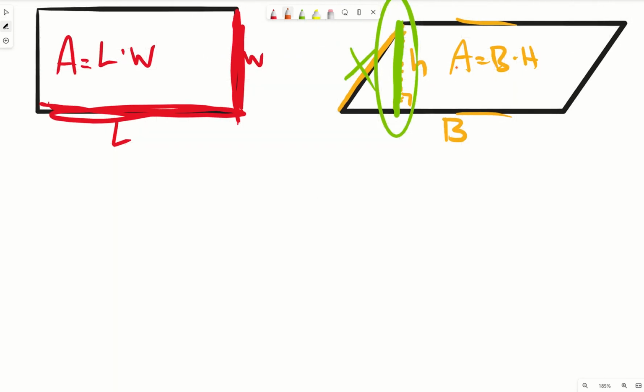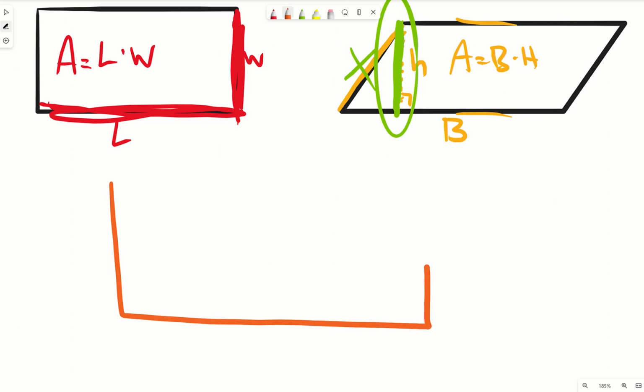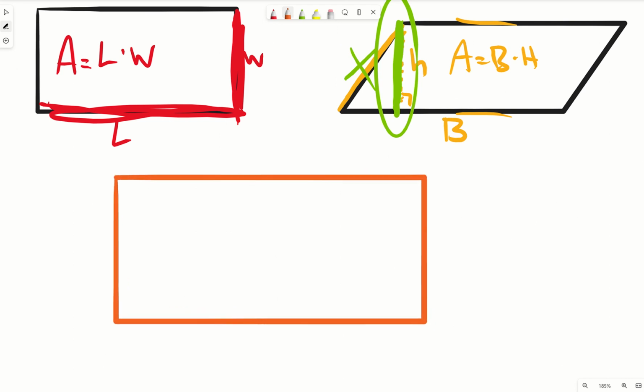All right, let's say I have this rectangle here. And this rectangle I know has a width of 4 meters and a length of 7 meters. Well, I'm going to multiply this together. Remember, area equals length times width.